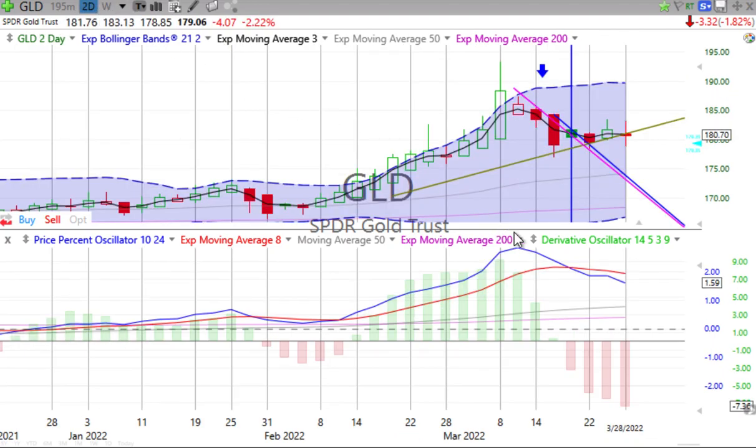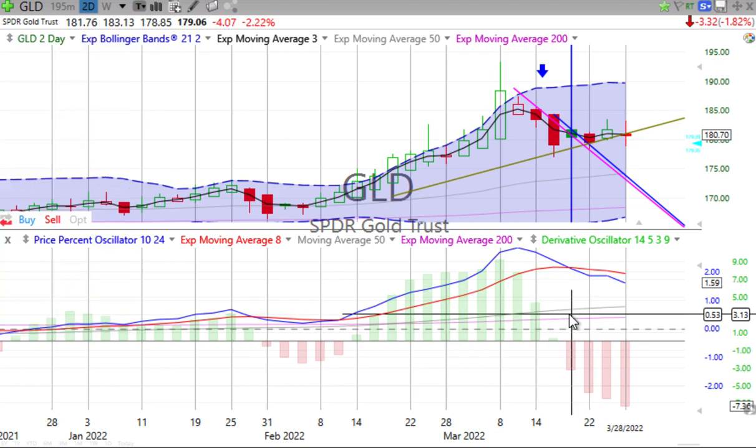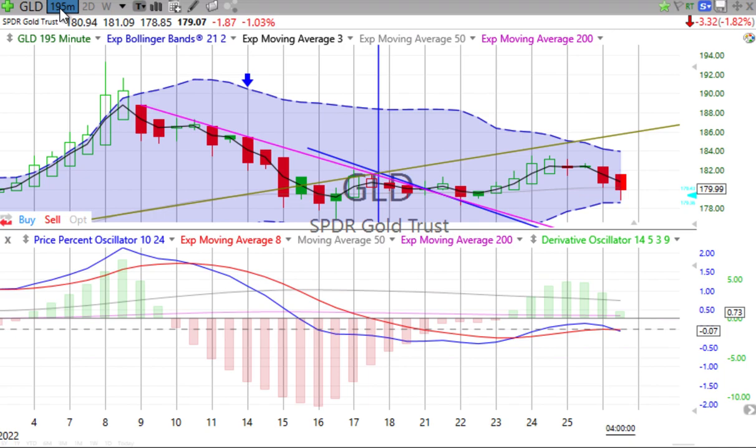2-day, we can see we're really spiking over these last 2 days. Got a red spinning top, solid red, derivative oscillator negative, price percent oscillator heading down. We had that 2-day crossover going down back on the 18th of March. So again, got some downward pressure on the 2-day.